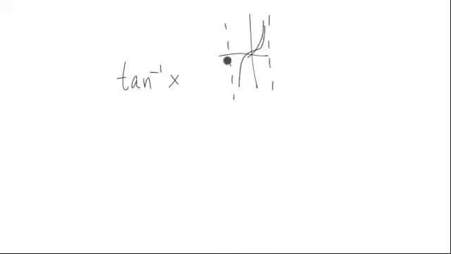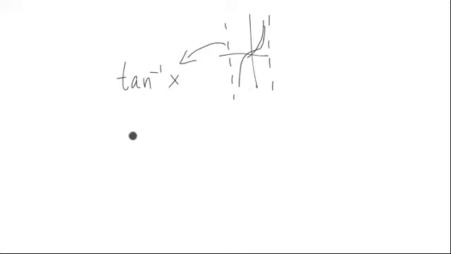And yet another one is the arctangent, or the inverse tangent of x. So think about the graph of tangent of x, at least one part of it. This is the part that you actually use to get the inverse function. And when you do that, you swap your x's and y's.